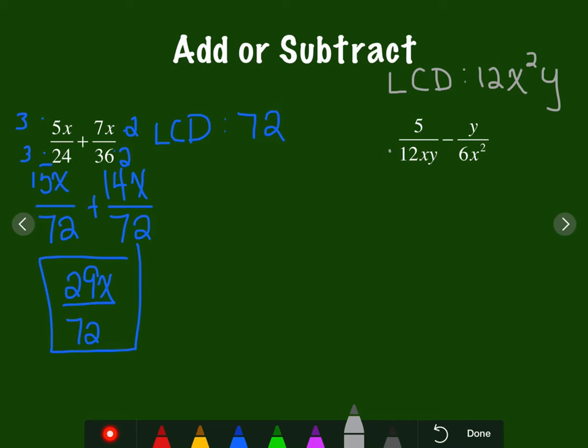So that means I need to multiply by another x. So my first fraction becomes 5x over 12x squared y. My second fraction, I need 12, so I'm going to have to multiply that 6 by 2. I have the x squared, and I need a y. So I need to multiply the top and the bottom by 2y.